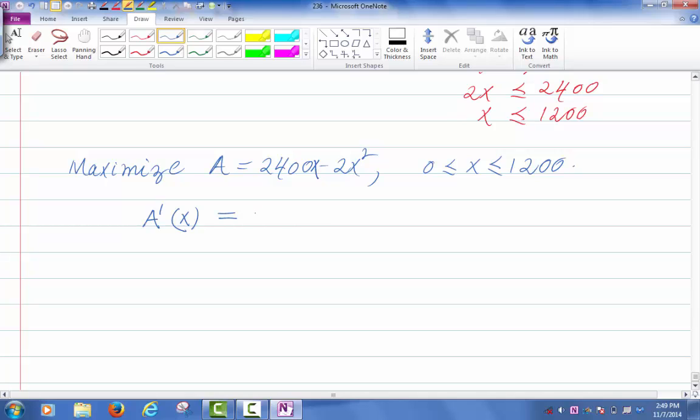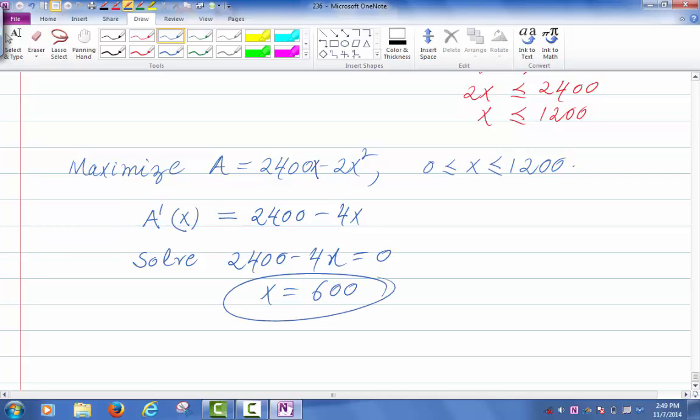The derivative of the area would be 2400 minus 4x, and it is defined everywhere. So what are the critical points? Well, I have to solve 2400 minus 4x equals 0, and then x would be what? So I get only one critical point.